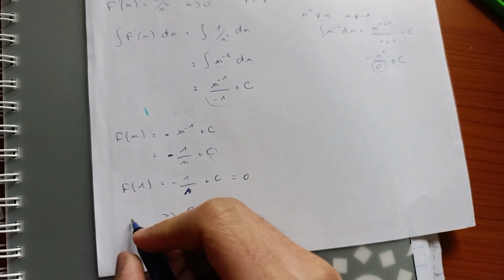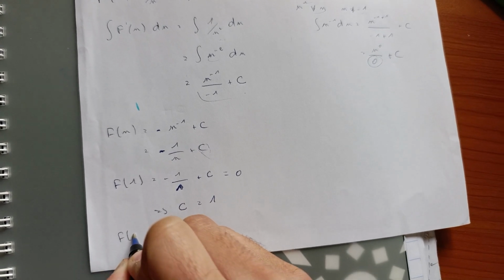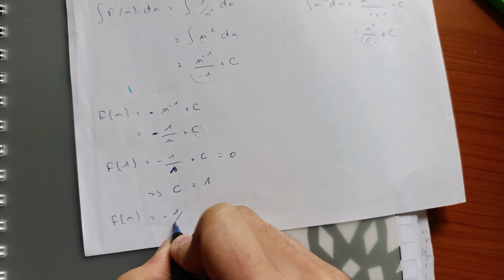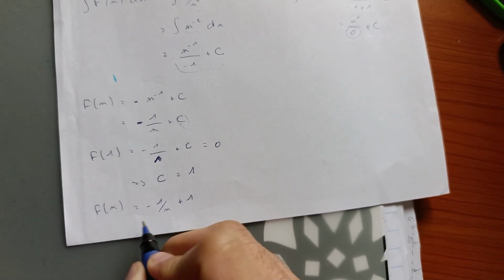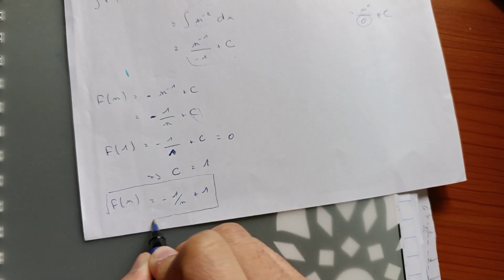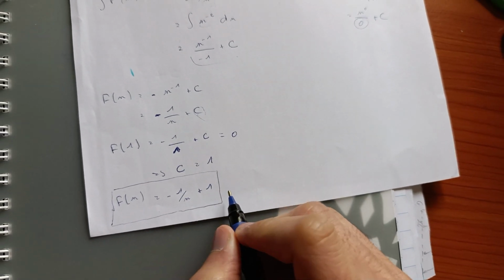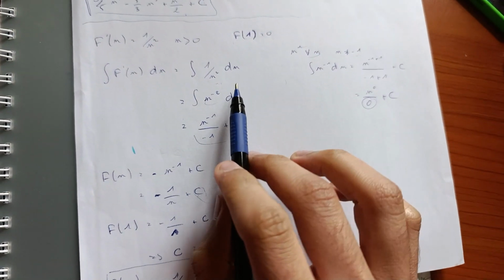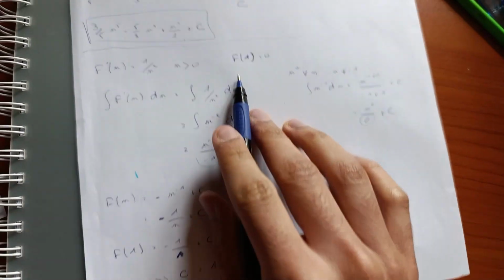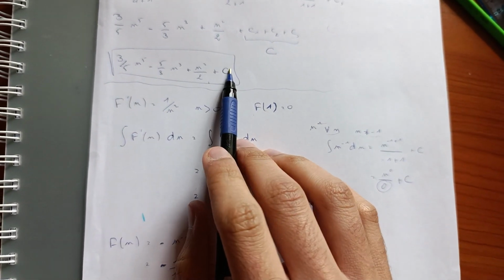And now I can come and say that f of x, which is the original function, would be minus 1 over x plus 1. Now this is the solution I usually need to find. If I have a condition or a particular solution, I need to find c. If not, I just leave it like that, just as we did before.